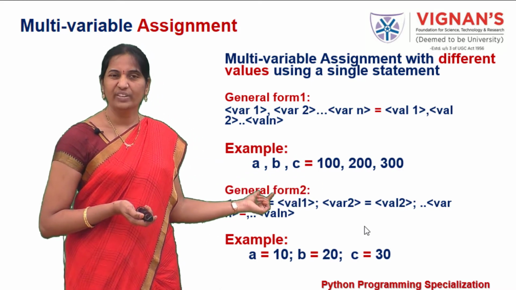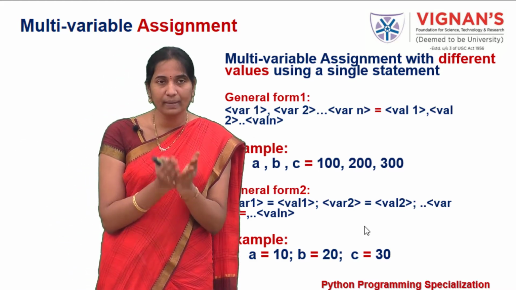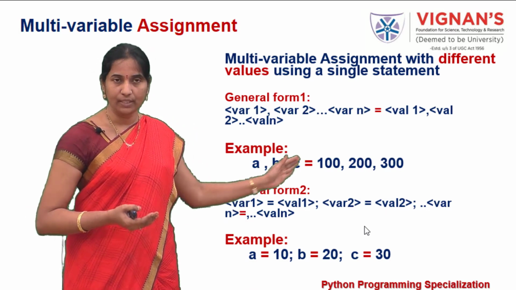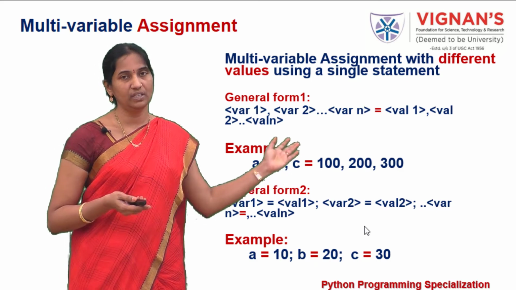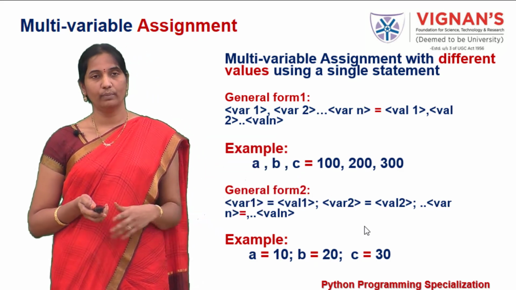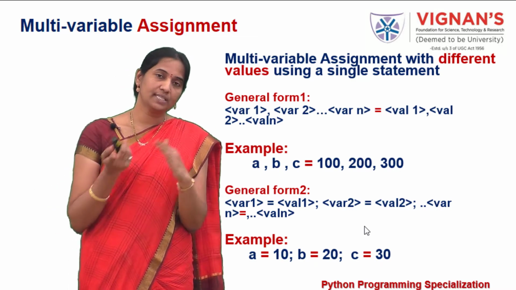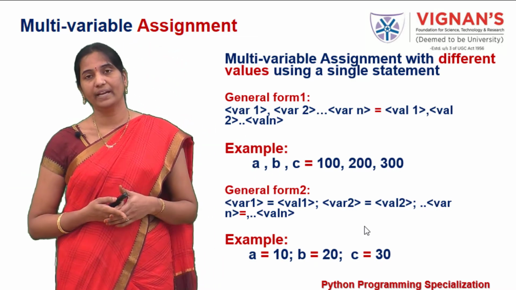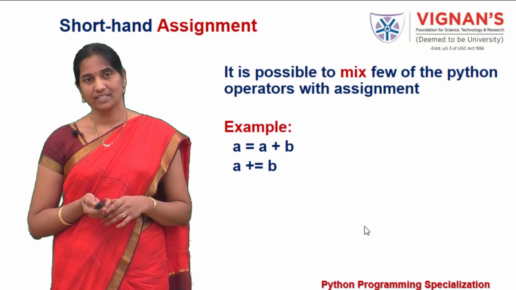Here we are simply combining all the individual assignments with a semicolon as the separator. So a gets 10, b gets 20, c gets 30, it's quite obvious. That's how Python supports assignment. Not only single value, single variable assignment, but multiple variables also can be assigned the same value or different values using a single statement itself.